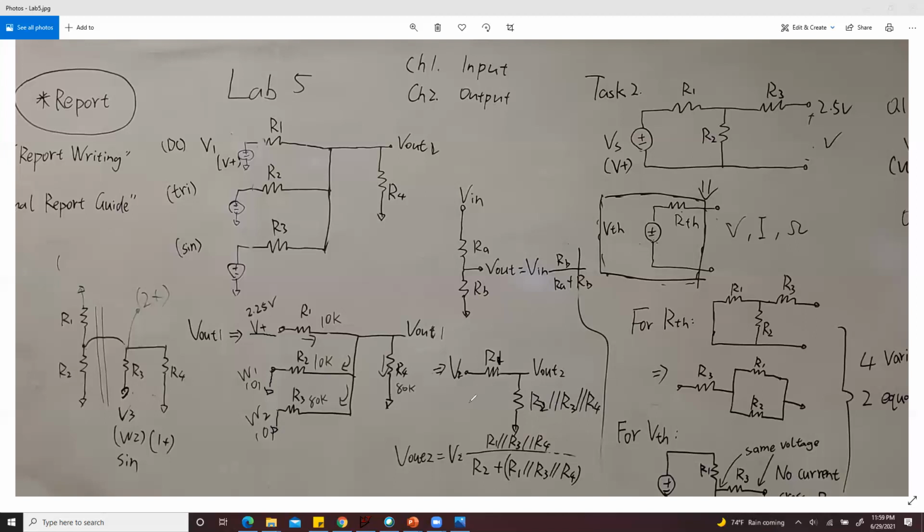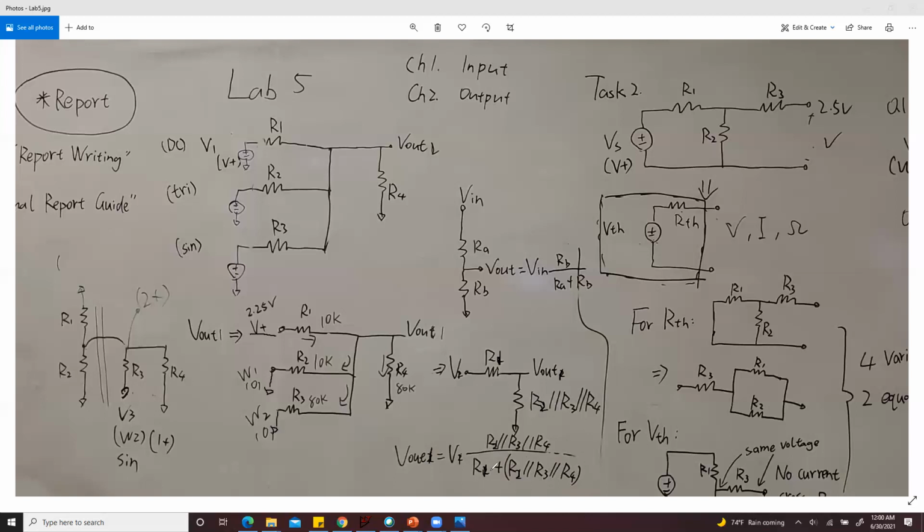So this circuit will be R1 in series with R2, R3, and R4 in parallel, and this will be your Vout1. Your Vout1 will be equal to V1 times R2 parallel with R3 and R4, divided by R1 plus R2 parallel with R3 and R4.